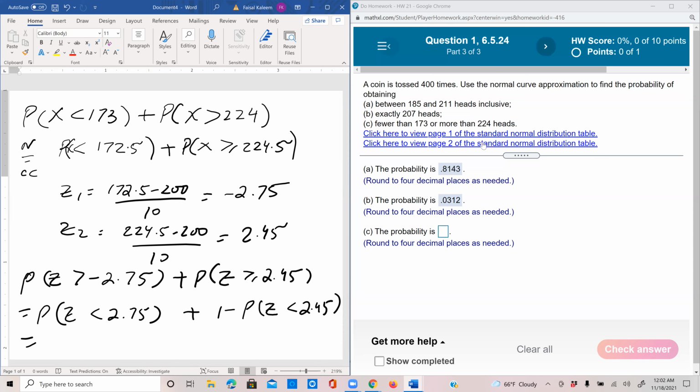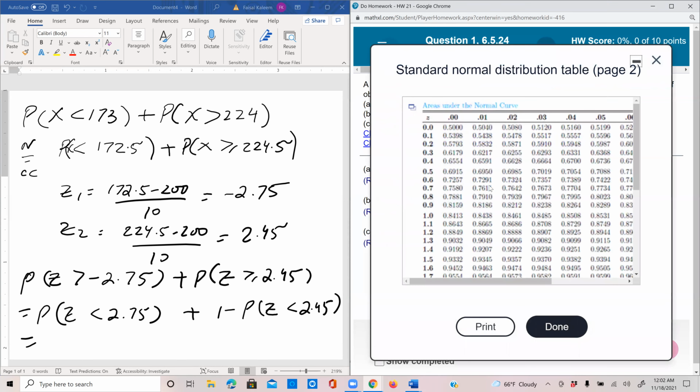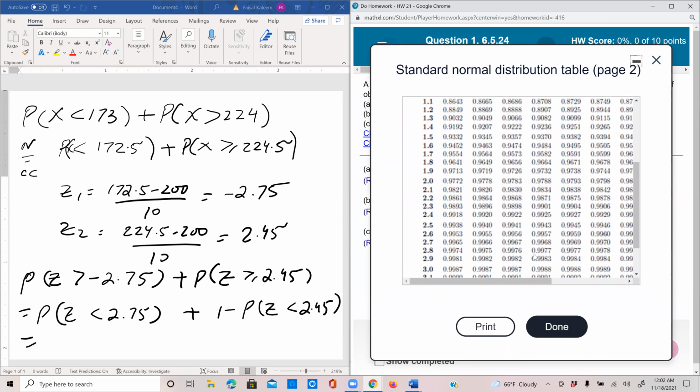Okay, so 2.75 is 0.997, plus 1 minus 2.45, which would be 0.9929.